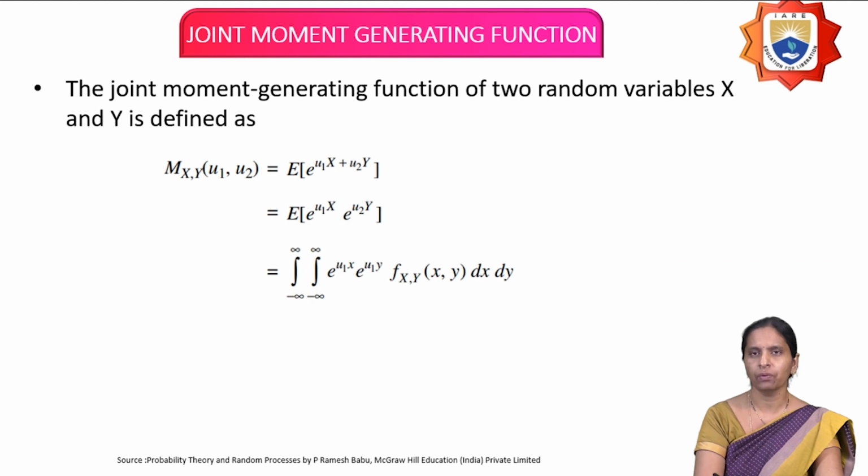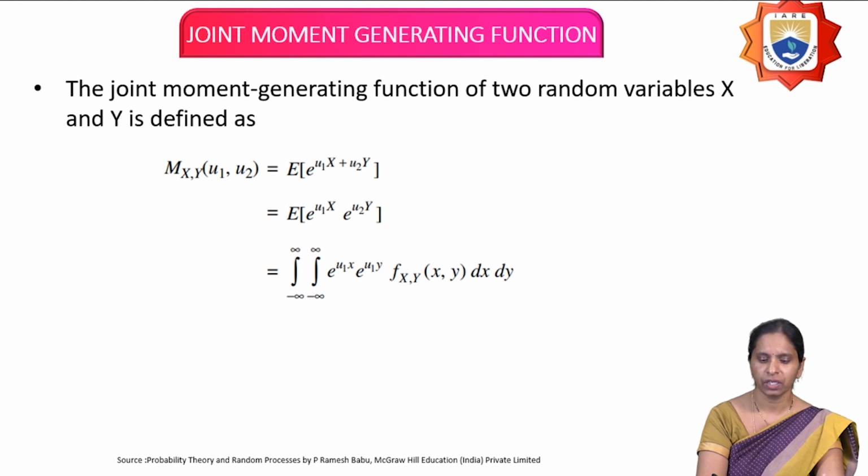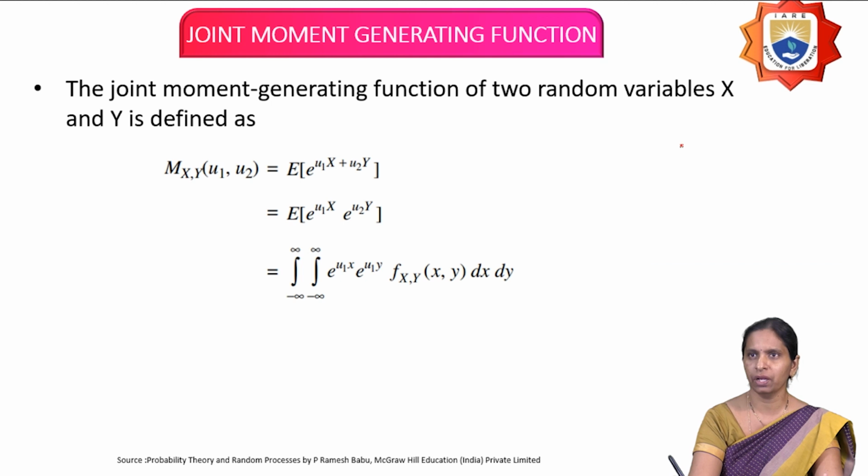So now we have seen the joint characteristic function. In a similar manner, the joint moment generating function is also used to calculate the joint moments about the origin. The moment generating function of a single random variable we have already discussed.